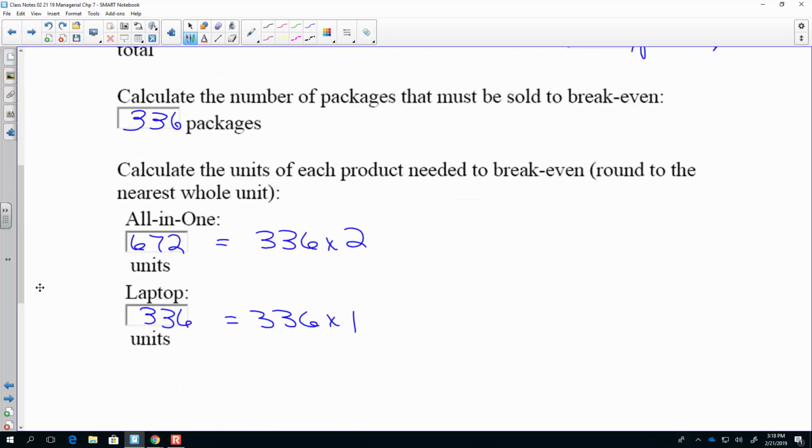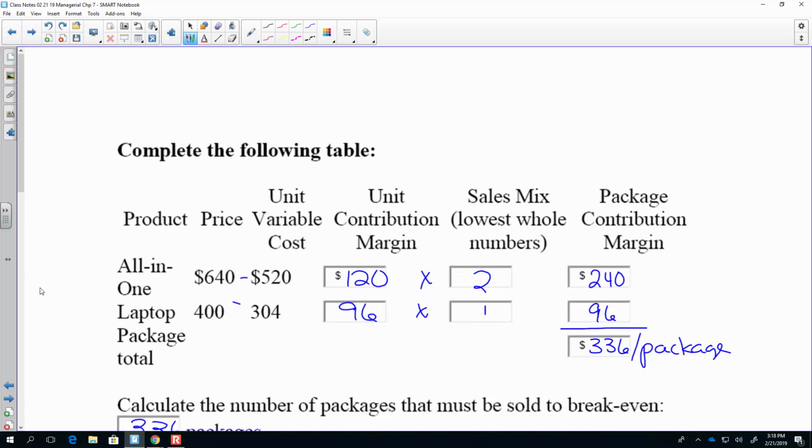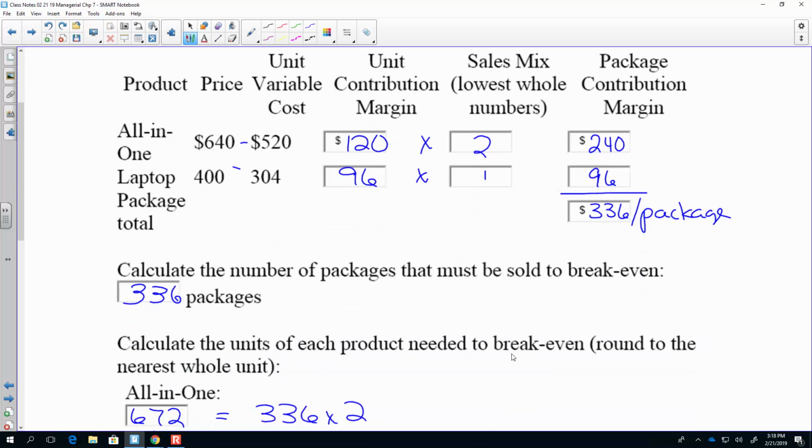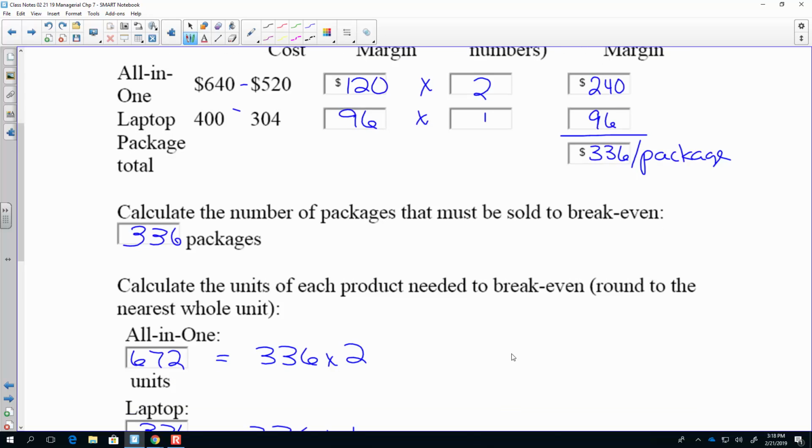If you scroll up to the middle of the page, right there where it says 336 packages, we're saying that that's the contribution margin, not the number of packages that has to be sold to break even. Yeah, that was my mistake.